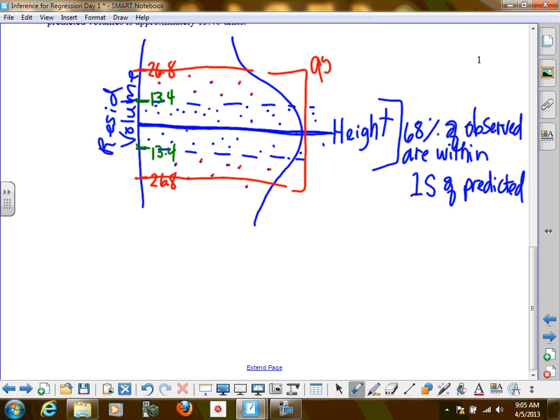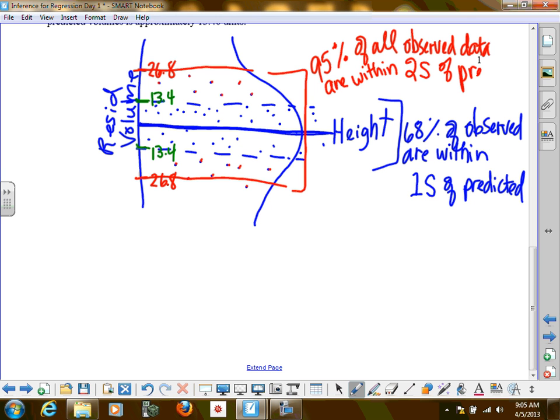So 95, tell me what this means. 95% of all what? Observed data. Because that's what these points are, is the observed data. So 95% of the observed data are within 2 standard deviations of what?